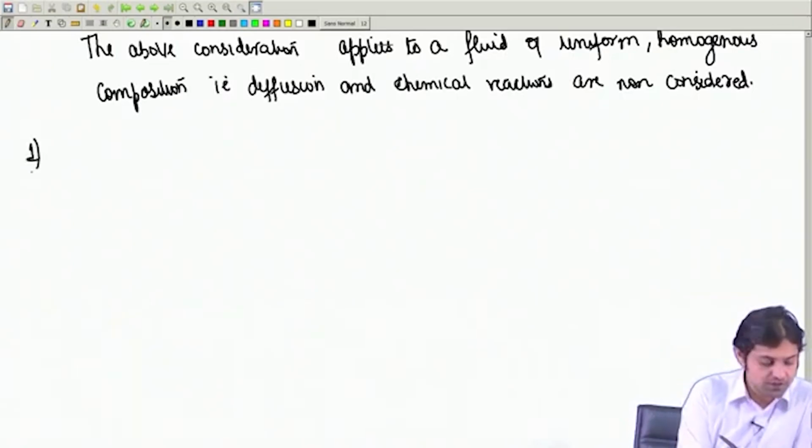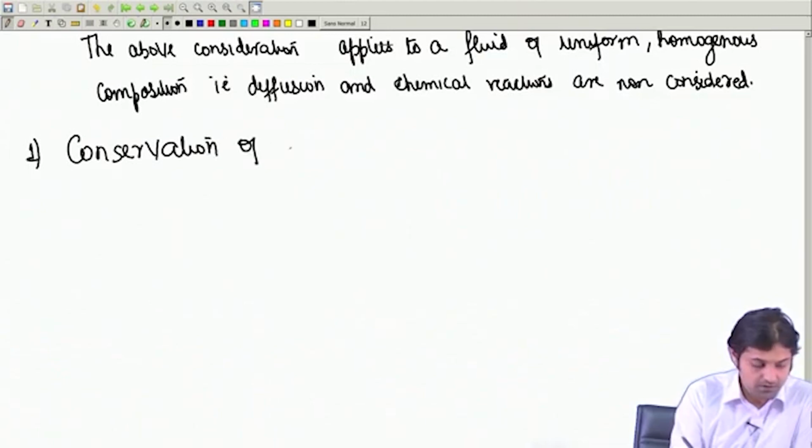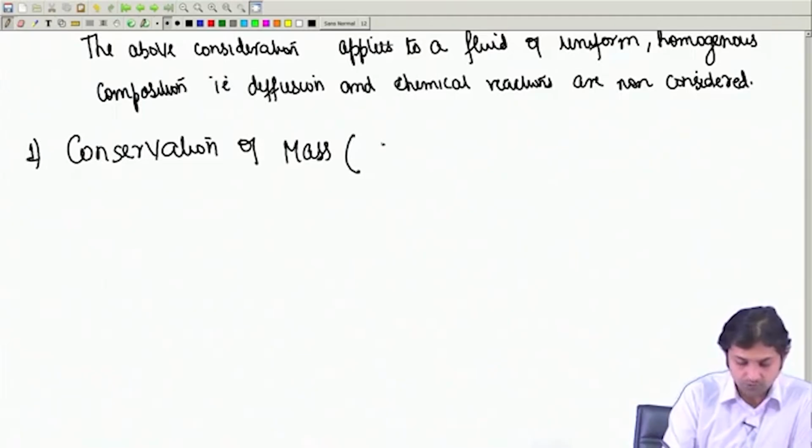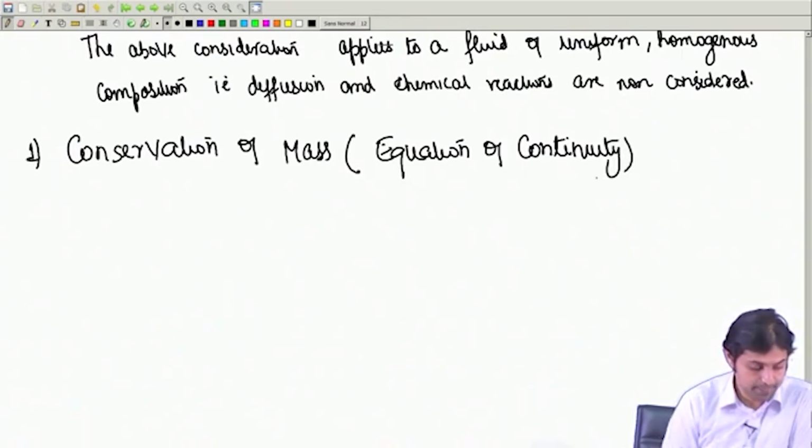So our first equation is conservation of mass, also called the equation of continuity. All right.